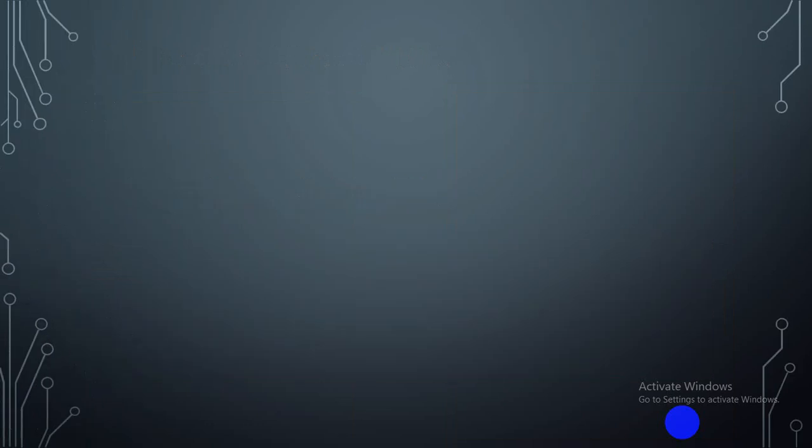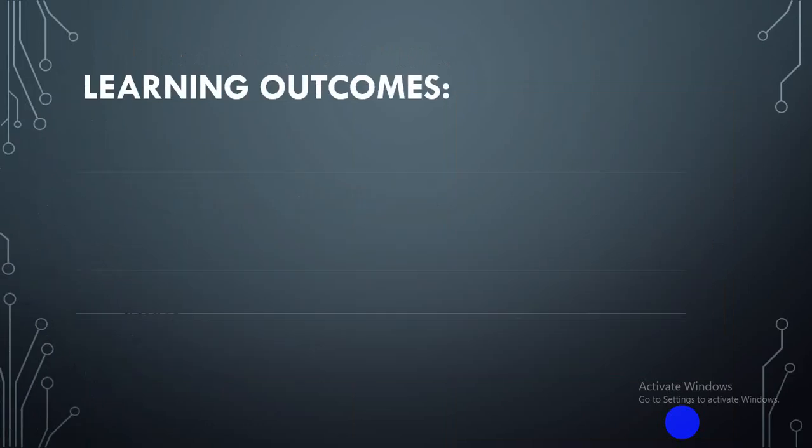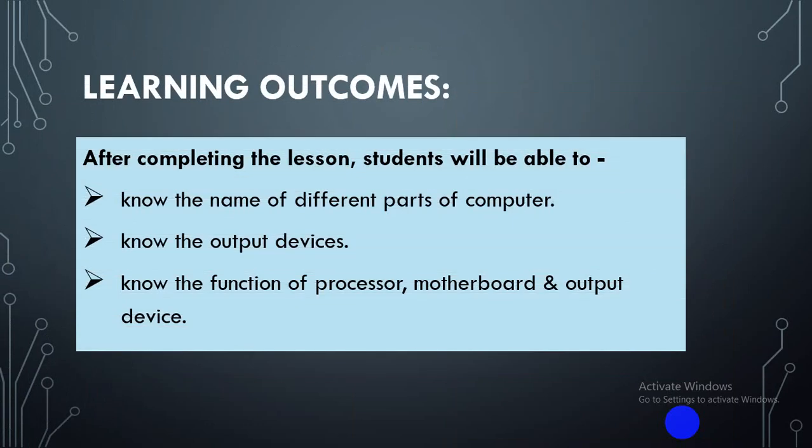Dear student, the learning outcomes after completing the lessons: surely you will be able to know the names of different parts of computer. You will be able to know the output devices. You will be able to know the function of processor, motherboard and output devices.